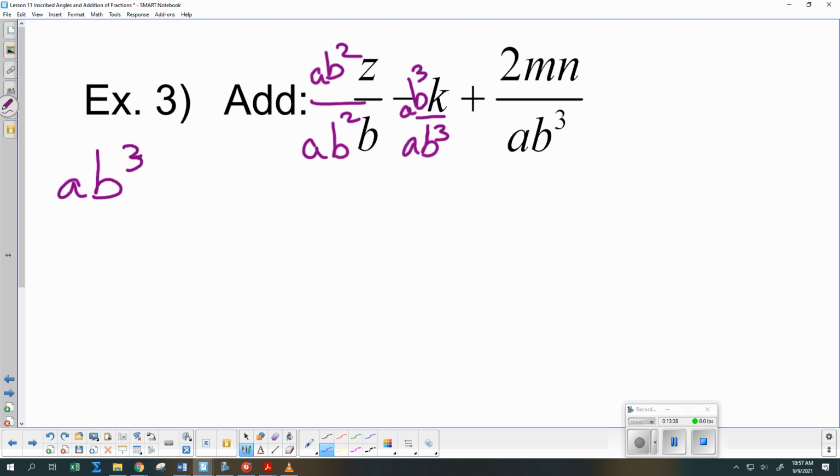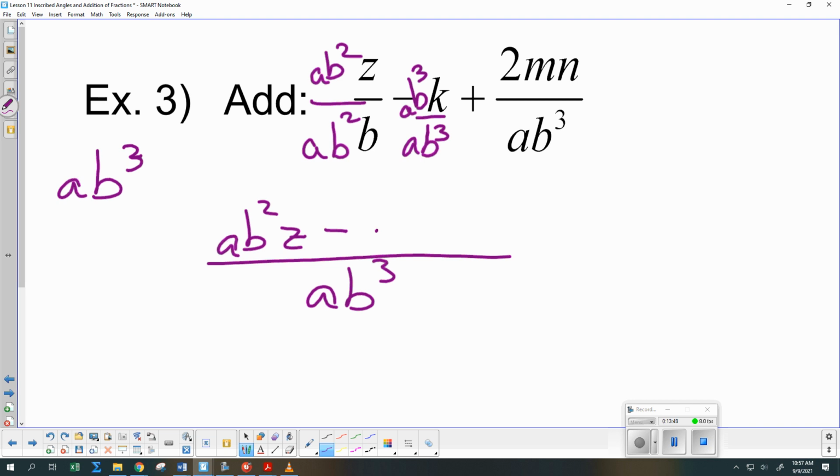We have everything, so we don't need to change it. So then we just write it all together, AB cubed, and the numerator is AB squared Z minus AB cubed K plus 2MN, and none of those terms are exactly alike, so we can't combine any of those.